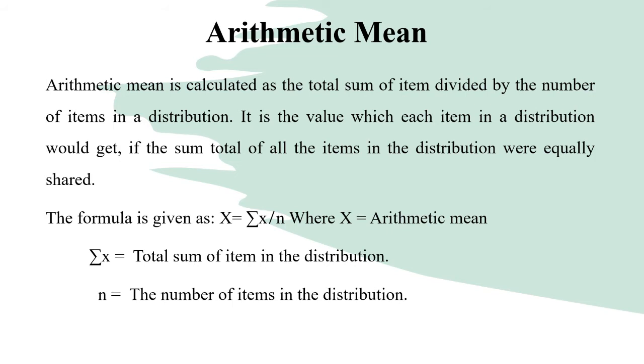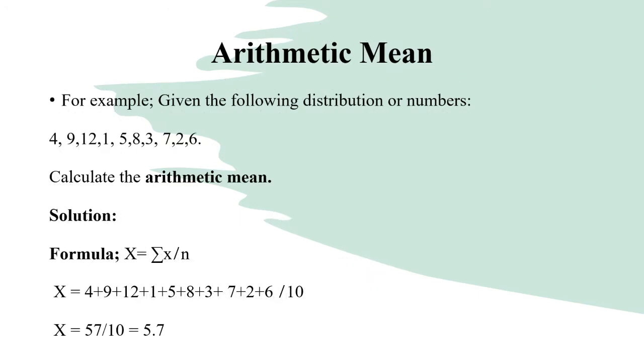First of all, you write your formula, which is x bar equals summation of x divided by n, where summation of x is the total sum of the items and n is the number of the items. So as I was explaining, the number of the items is 1, 2, 3, 4, 5, 6, 7, 8, 9, 10. So we have 10 numbers here. So our n now is 10.